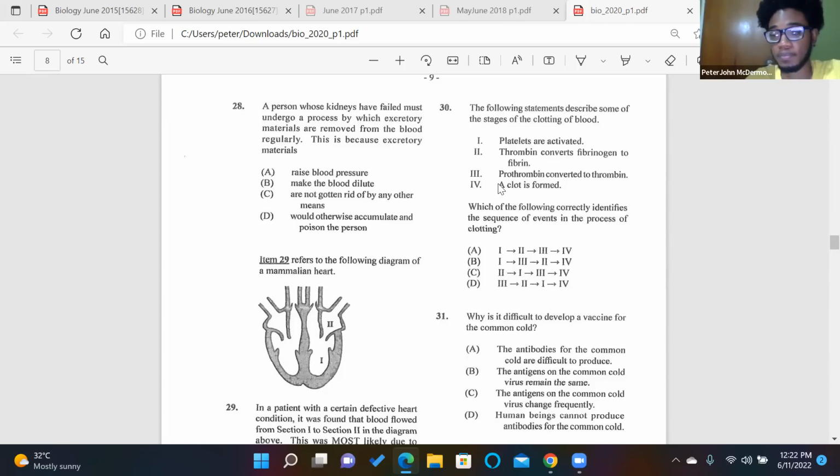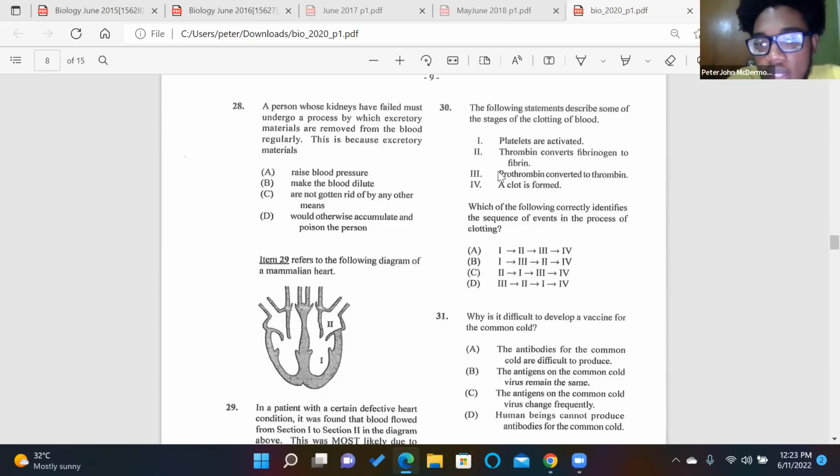For 30. C. No, B. Sorry, B. B. Platelets are activated. That has to be the first thing. You have to activate the platelets for you to get any clotting. The next thing, what do we notice?